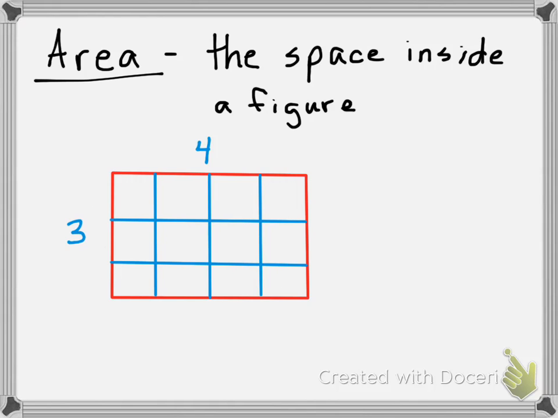It puts 12, because 3 rows of 4 or 4 rows of 3 give me 12 blocks. That's why a 3 by 4 rectangle has an area of 12.